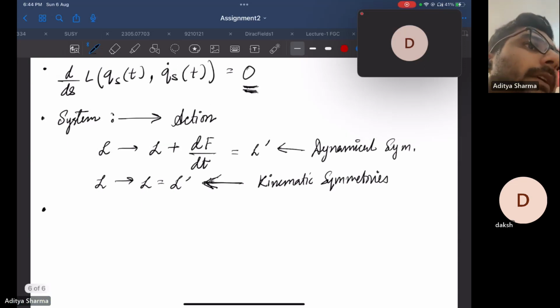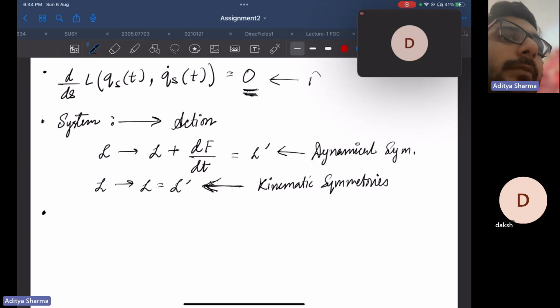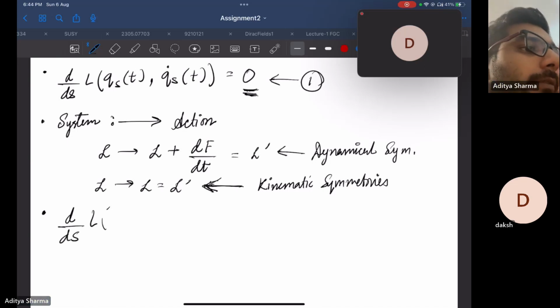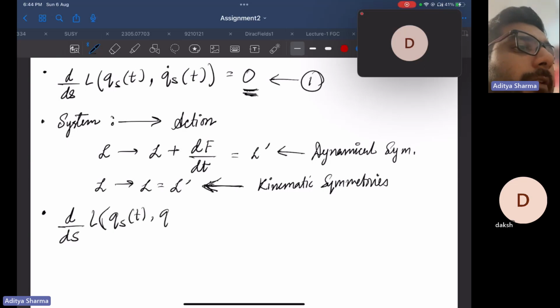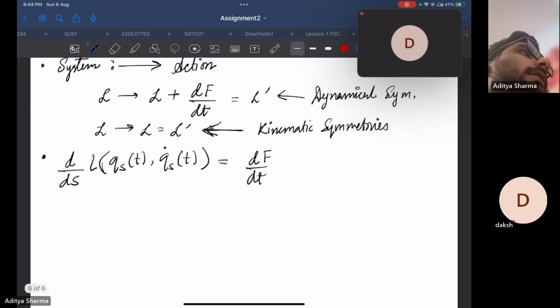Now, in his derivation, this equation one, that the Lagrangian does not change under these deformations, means that if you want to write it for dynamical symmetries, you will change this statement as follows. The Lagrangian changes up to a total derivative for dynamical symmetries.